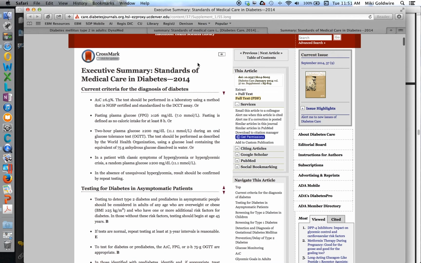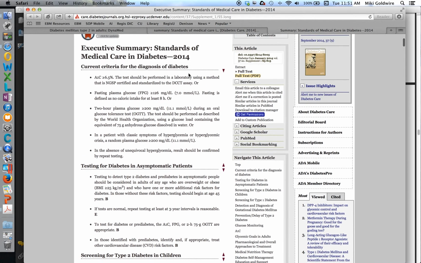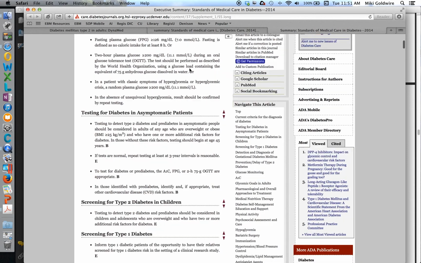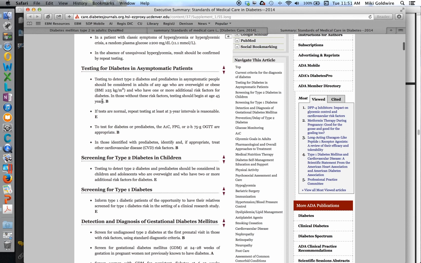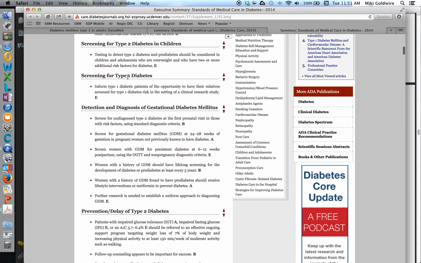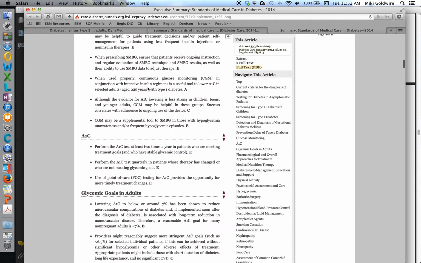So when I click on the link for the article, I get the executive summary of the guidelines, and you can see current criteria for the diagnosis, testing for diabetes in asymptomatic patients. You can see here they have a level of evidence. Screening, and again, this is the summary, so I'm not going to probably find my definitions here.